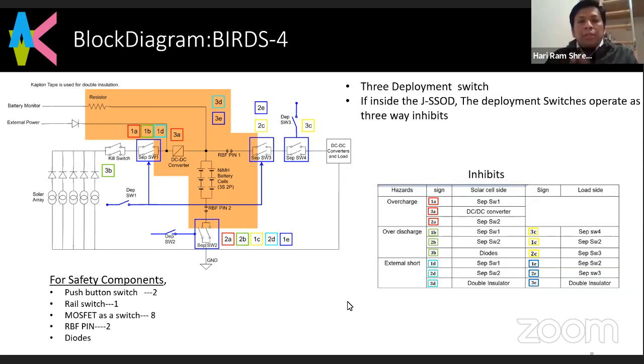BIRDS-3, BIRDS-4, and many satellites must go through the ISS and the Kibo module's robotic arm to be deployed in orbit, so we need to comply with all JAXA requirements. We changed this block diagram according to the JAXA requirement. In BIRDS-3 and BIRDS-4, all components and the block diagram are similar, but we only changed the inhibitors.